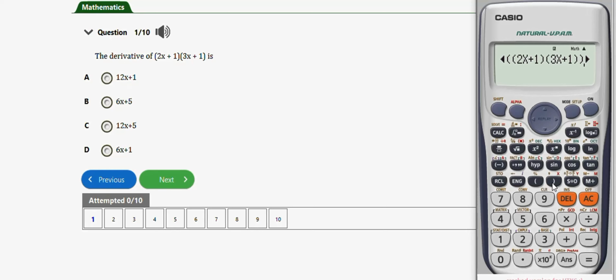You have to ensure that the brackets are balanced. The ones at the right are balanced with the ones at the left. If they're not balanced, you end up having syntax error. By the time you are done inputting your values, as you can see, we have 2 brackets at the right. We also have 2 brackets at the left.